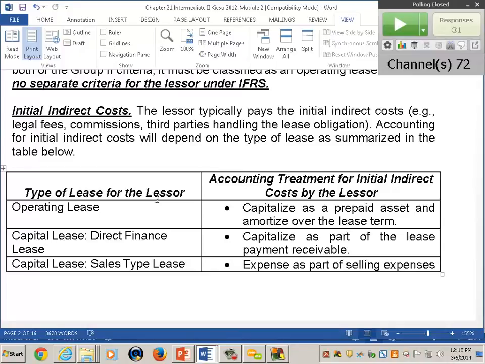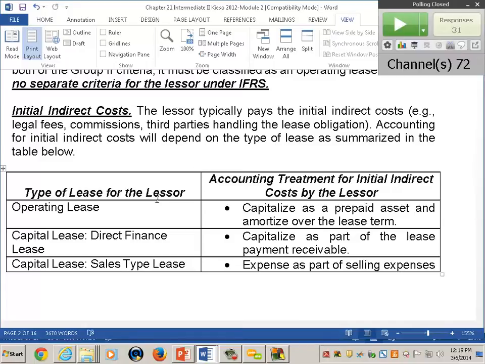Lessee wants an operating lease. We talked about several times, and it's in the textbook and the notes, the cosmetic accounting advantages, particularly on the debt side for the lessee. The lessor will prefer a capital lease, and there's a couple of reasons for it.